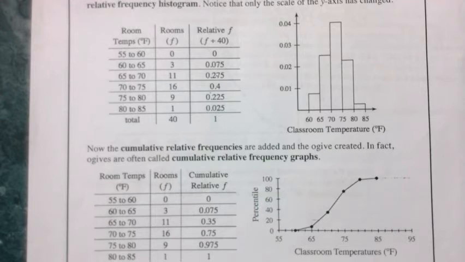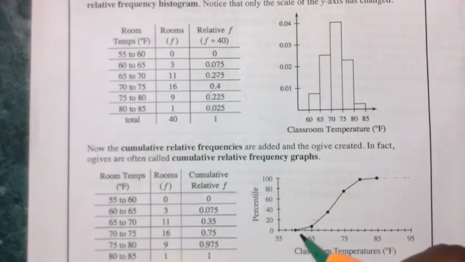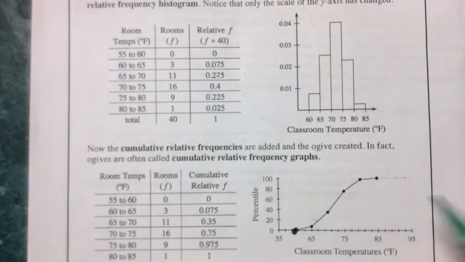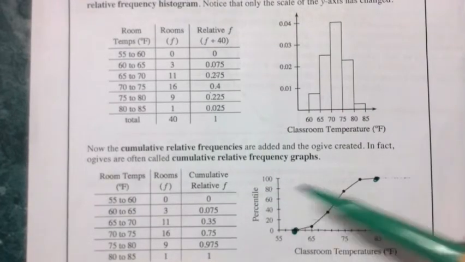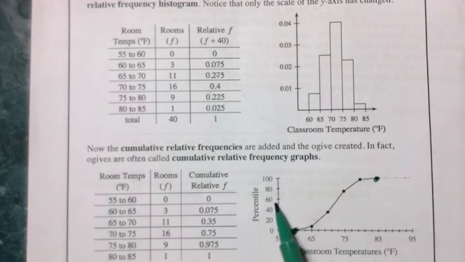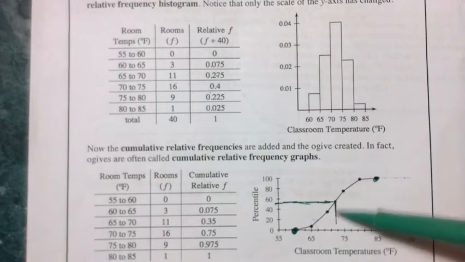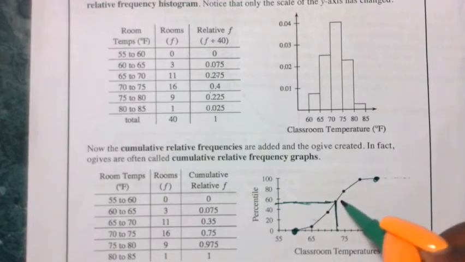The 5-number summary is the min, quartile 1, median, quartile 3, and your max. So for this graph, your min will be this point. Your max will be this point. Your median is half of your data, so half of the y, so it'll be 50. I'm trying to approximate a line. It'll be 50, and then you draw a line down. This is your median.